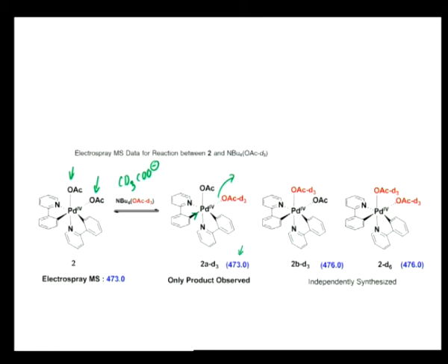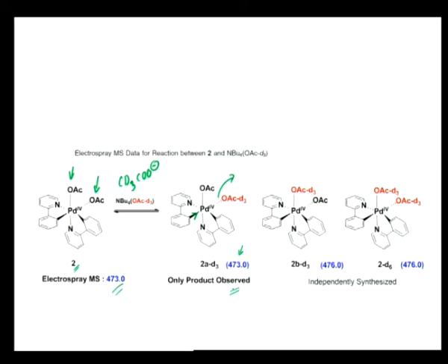If you took the unlabeled acetate, then also you ended up with a mass of 473. If you took the labeled acetate generated using acetate which was added externally, then also you ended up with 473.